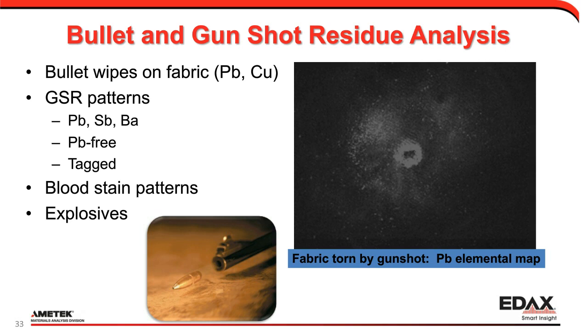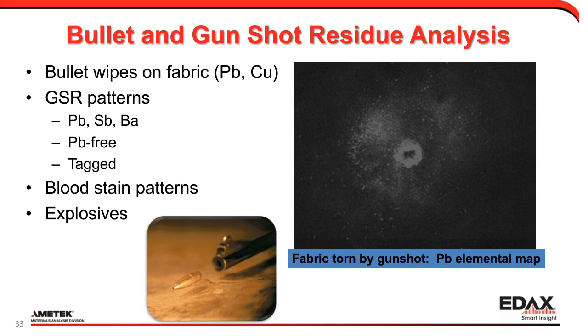The second component of this is that you can see the gunshot residue spread out over the fabric. So you know this was taken at relatively close range because you have gunshot residue on the fabric itself. Now, you can analyze for all different kinds of gunshot residue. You can look at lead, antimony, barium, the typical gunshot residue. You can look at lead-free formulations.